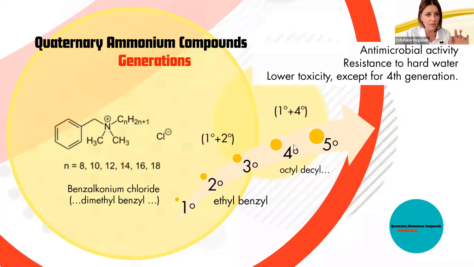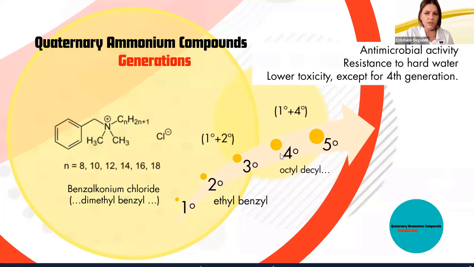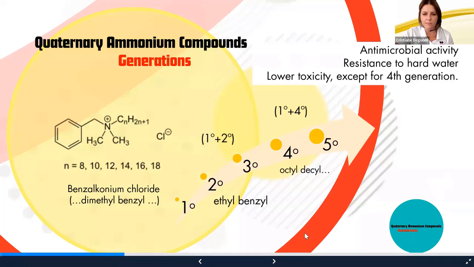So that's okay if you dilute it in this type of water, which is going to be tap water. And as I said, it's going to decrease the toxicity, except for the fourth generation, that is very, very good in terms of toxicity. Okay, so when you're gonna choose either the fourth or the fifth generation.